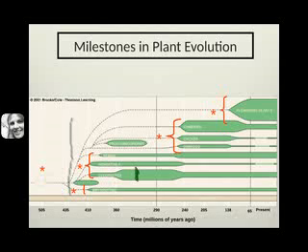So the wider the green bar, the more diverse that group of plants is. We see a trend here that with each new adaptation, we tend to see a decrease in the species richness of the previous group.